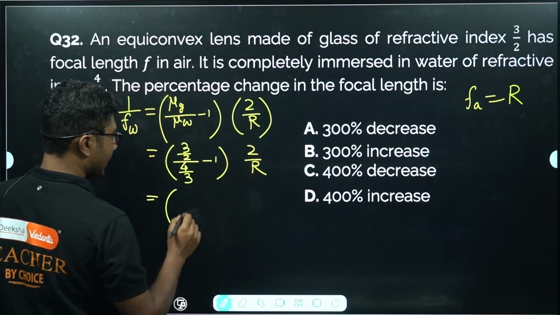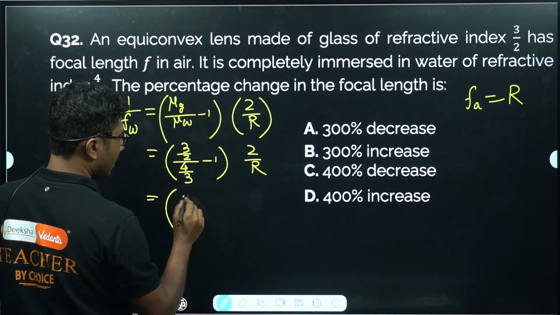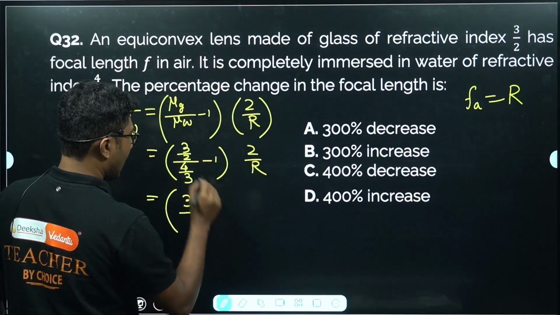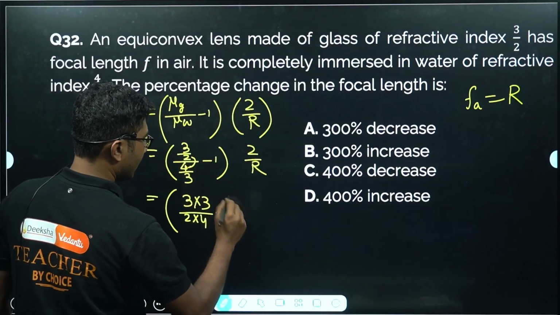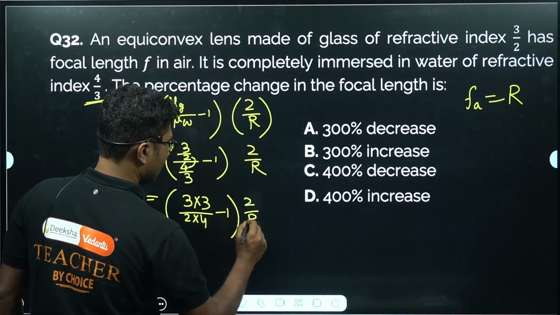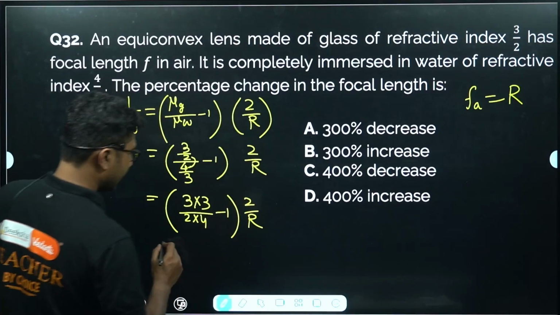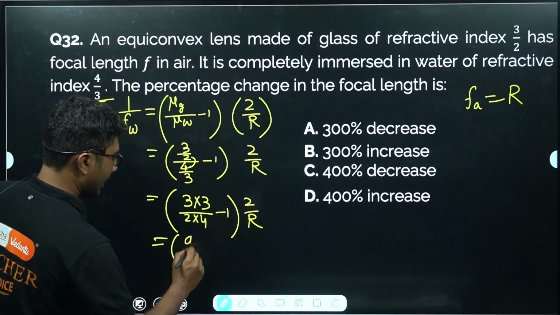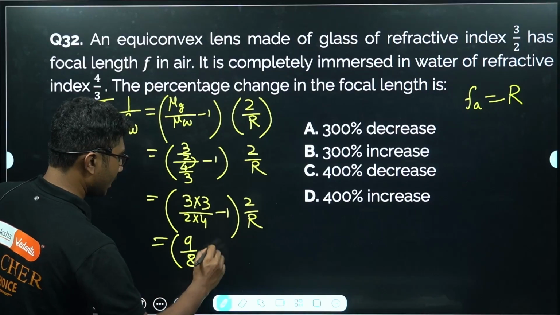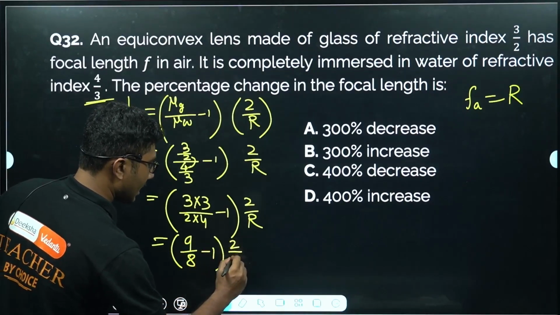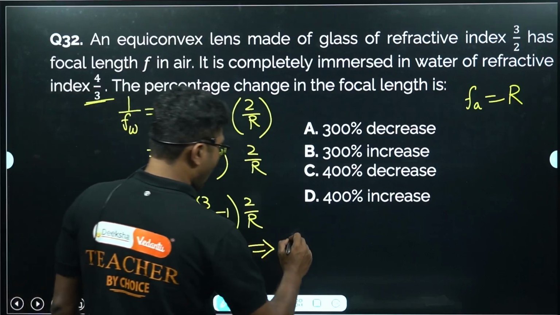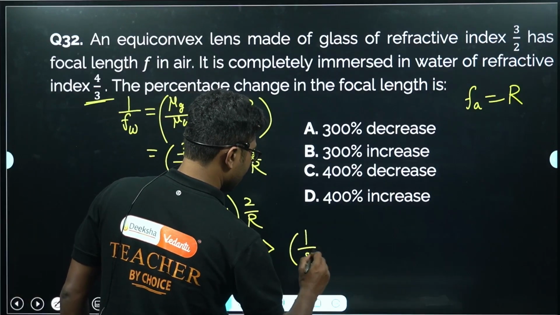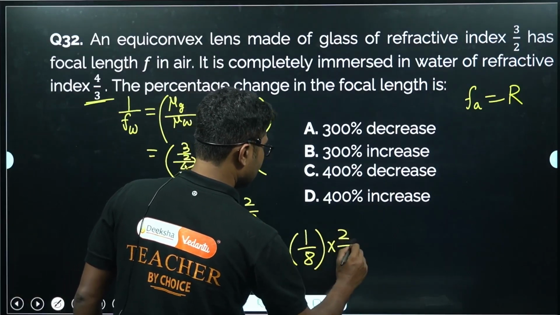So let me write it, these 3 will go up. So 3 times 3 and these 2 will multiply, 2 times 4, minus 1, times 2 by r, or you can write this as 9 by 8 minus 1 times 2 by r, or you can write this as 1 by 8 times 2 by r.